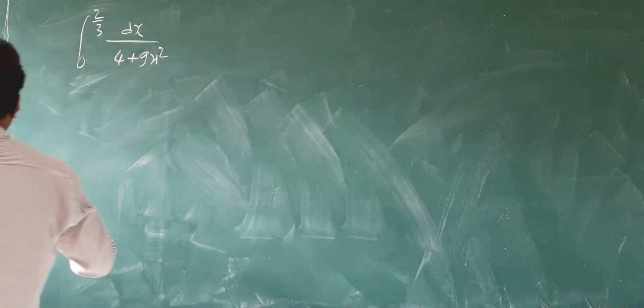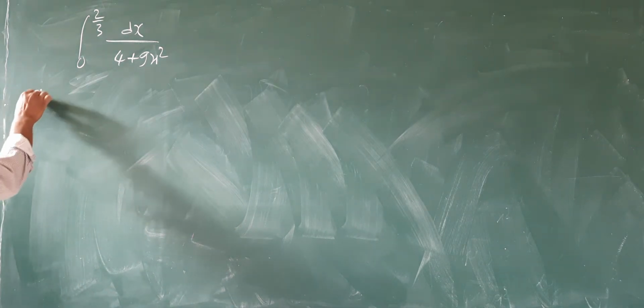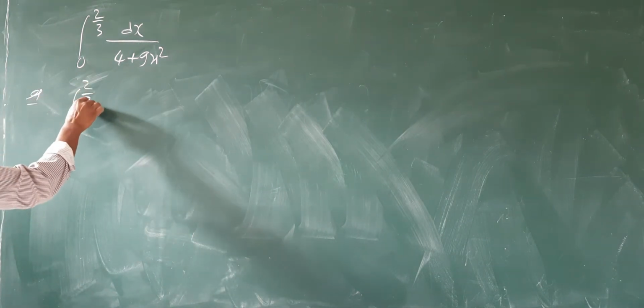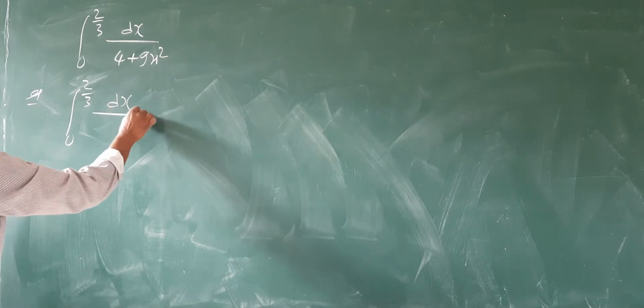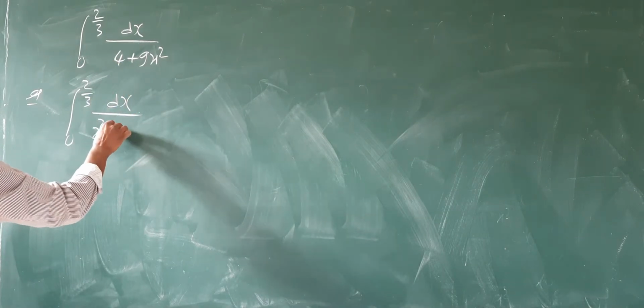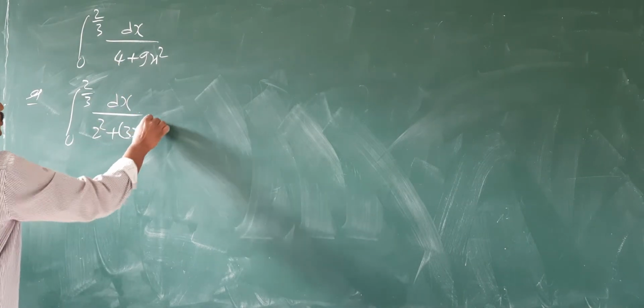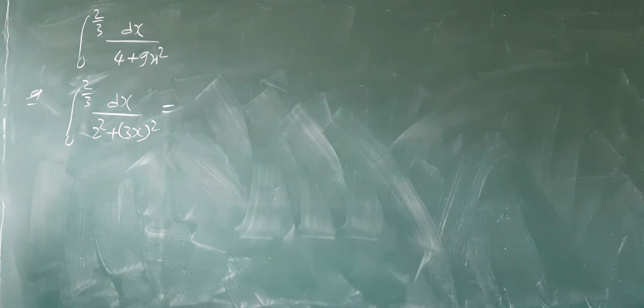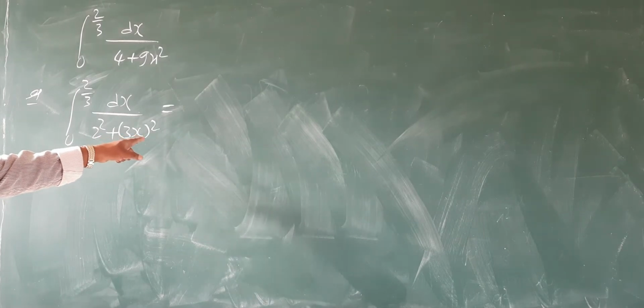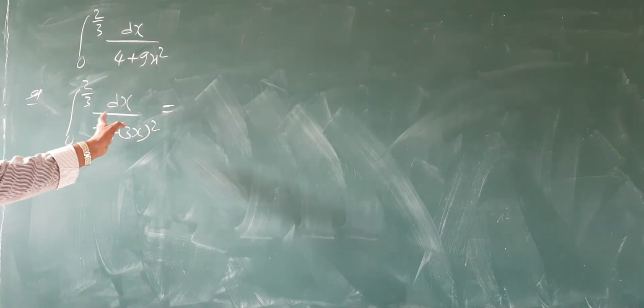Solution. Integral from 0 to 2 by 3, dx by 2 square plus 3x whole square. This is of the form 1 by a square plus x square.